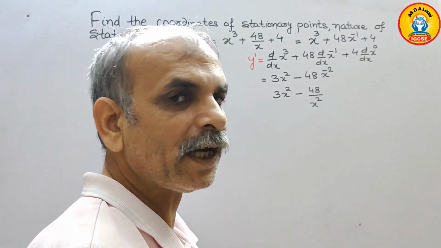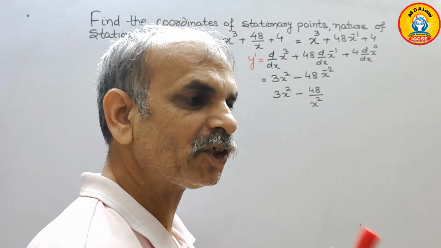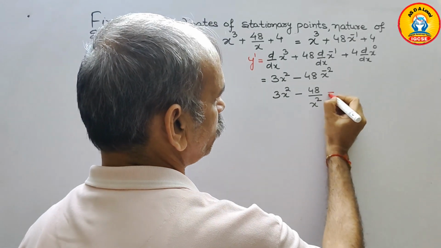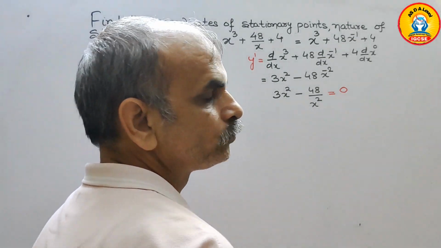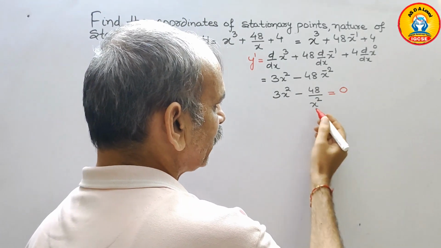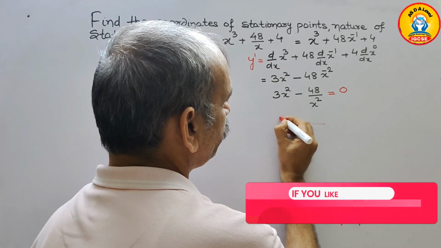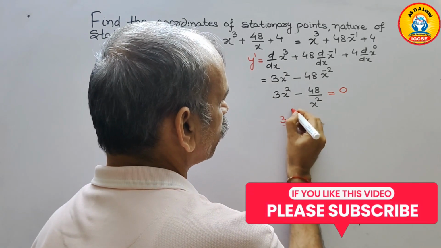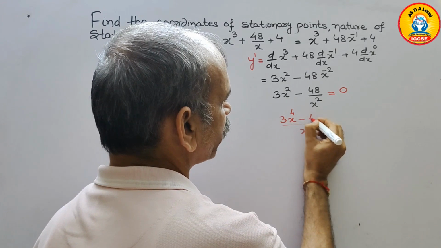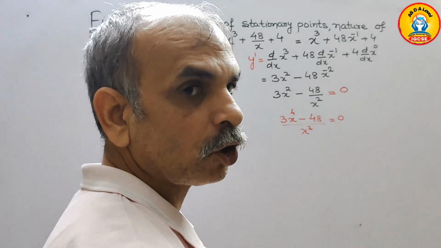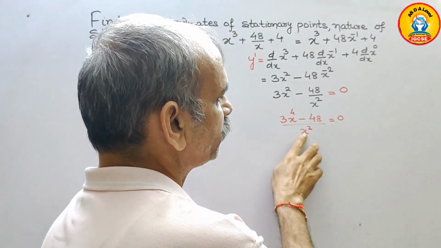To find the stationary points we have to make this equal to 0. Now take the LCM, which is x square. So here we will get 3x to the power of 4 minus 48 equal to 0. If you cross multiply, the x square will go out.